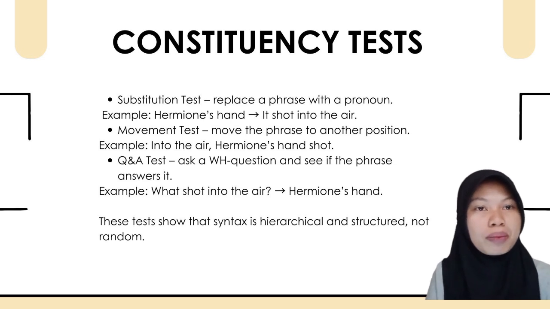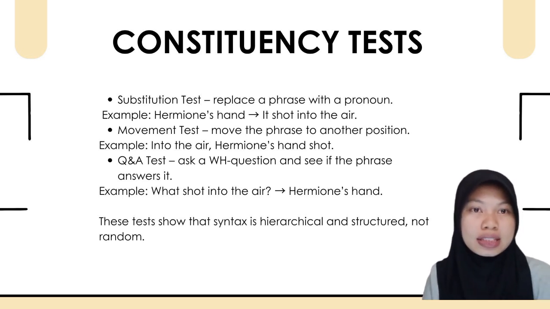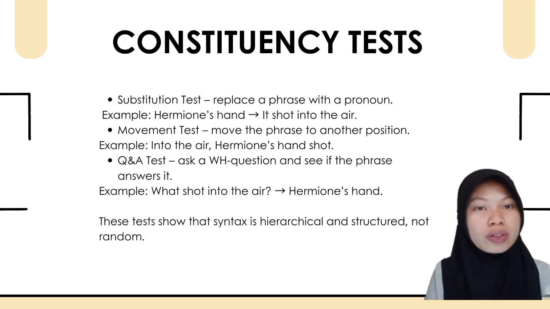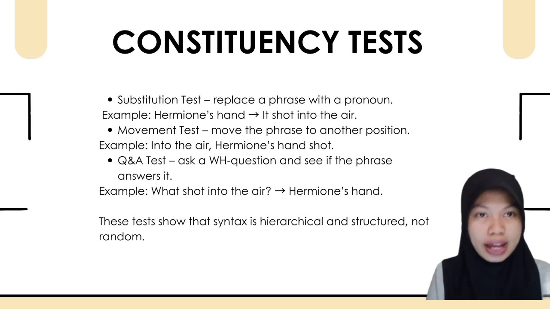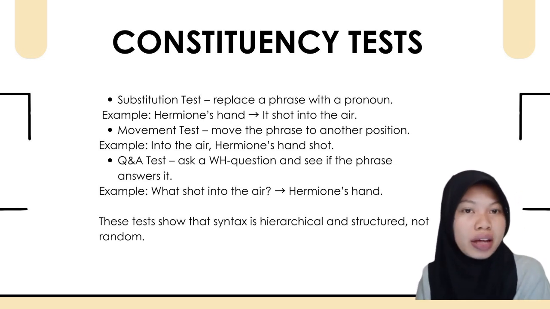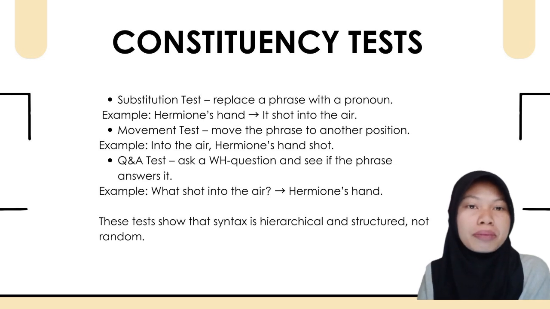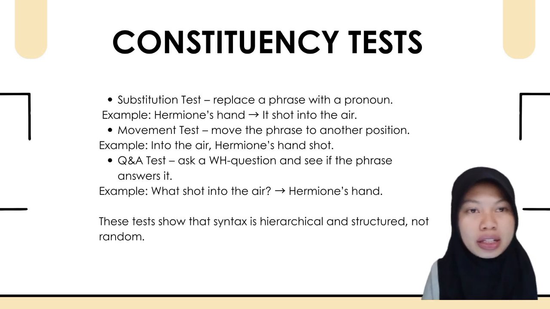If the sentence still makes sense, the phrase is a true constituent. The second is the movement test, where we move the phrase to another position. For instance, into the air Hermione's hand shot. It's still grammatical, so it proves that into the air is a constituent.